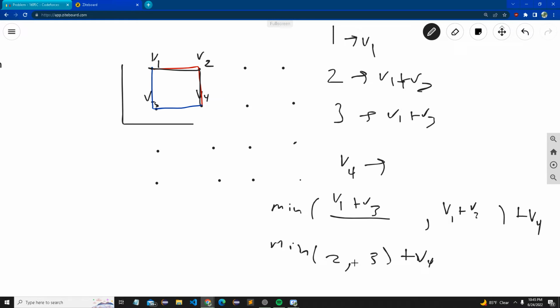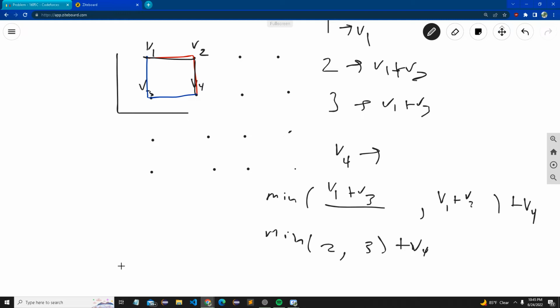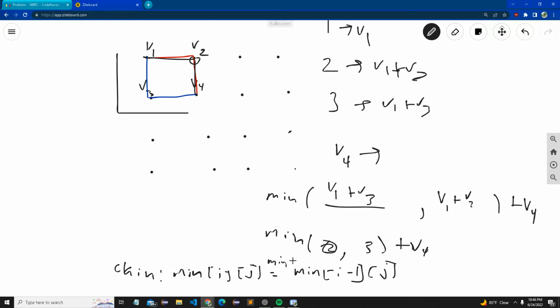Now we make the claim that if you want the minimum cost at i, j, all we need to know is the minimum cost for 2, which in general is just the one row above, so the minimum cost at i minus 1, j. We want the minimum of minimums.